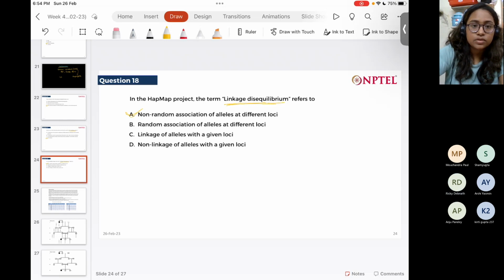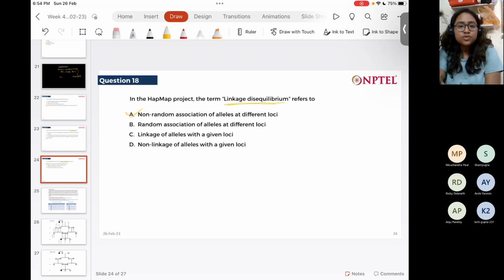Let me read it once. Linkage disequilibrium describes the degree to which an allele of one genetic variant is inherited or correlated with an allele of a nearby genetic variant within a given population. So this actually refers to that linkage thing only.